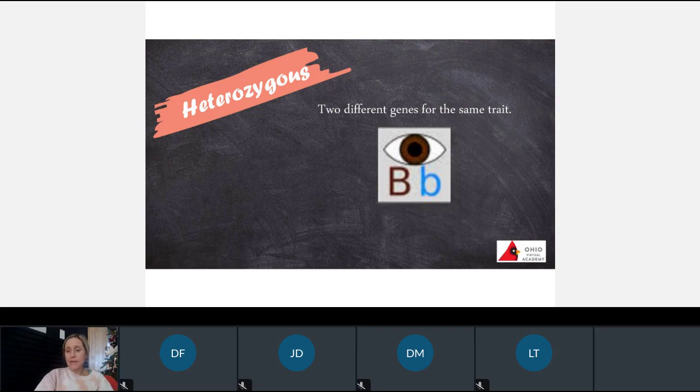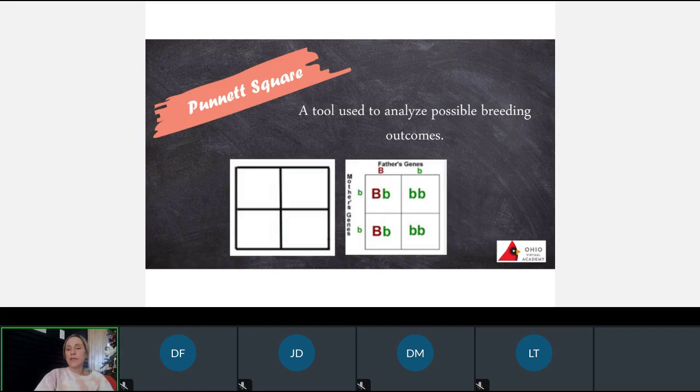Okay? Last word, are you ready? The last word is a tool. It's called a Punnett square. Have you ever used a Punnett square in like life science classes? I don't know what it says it is. I forget who read last, but Darian or Lizzie, would you read that slide for me?